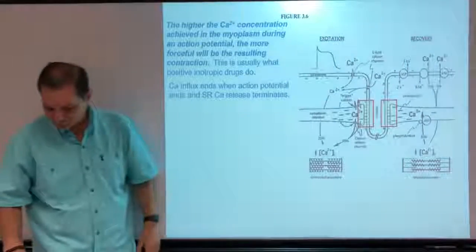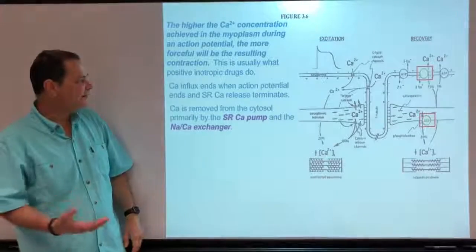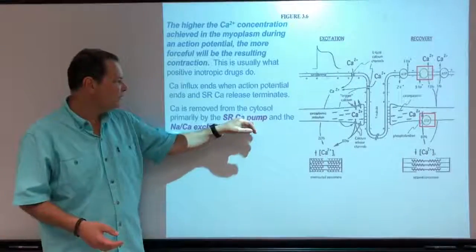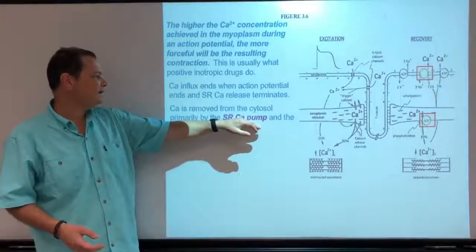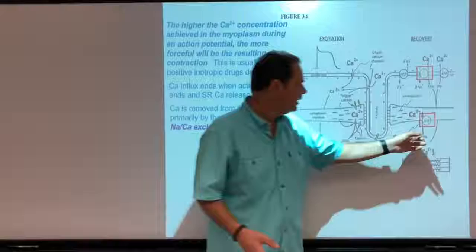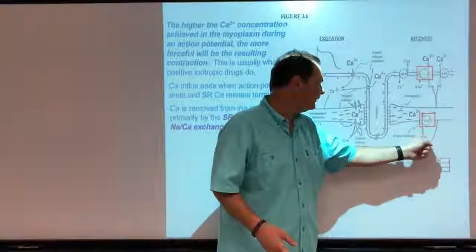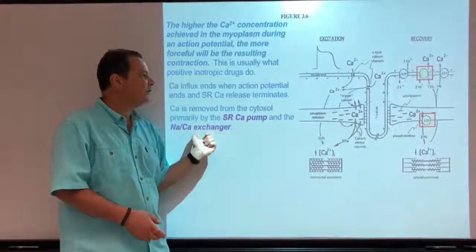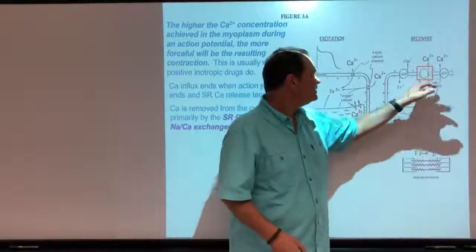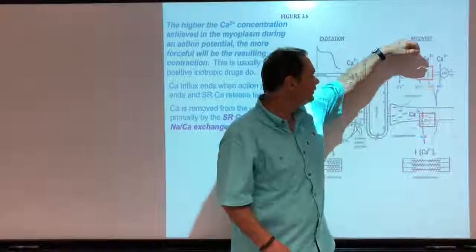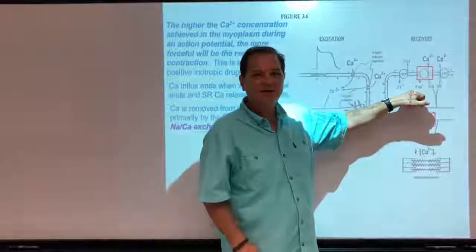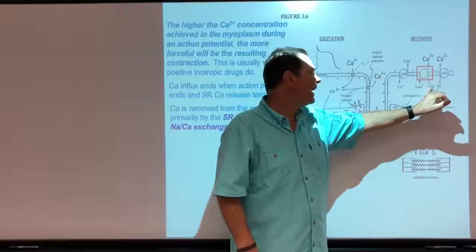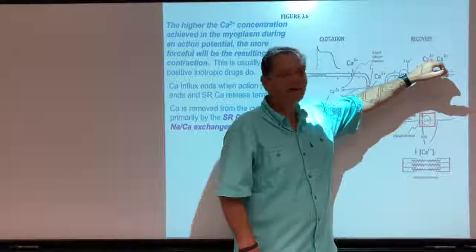And calcium in the cytosol goes down, and that's because it is removed primarily by the SR calcium pump, which I described earlier, which is using ATP to pump calcium from the cytosol back into the SR, and primarily because of the sodium-calcium exchanger, which is using the sodium gradient. So sodium flows from high concentration to low concentration into the cytosol to pump calcium out of the cell from low concentration to high concentration.